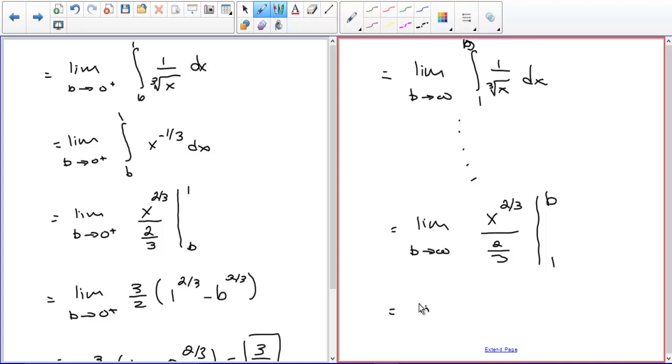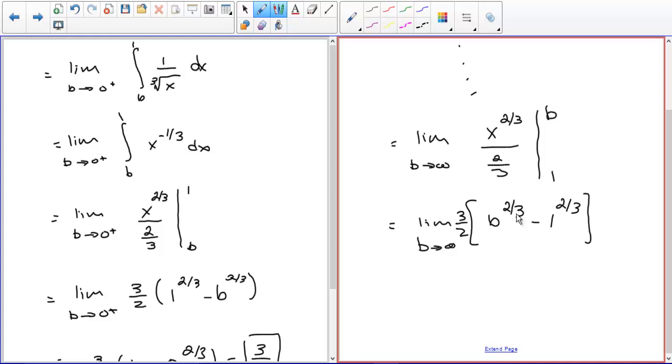So that'll end up being 3/2 times, oops, I left a step out here. We still haven't taken the limit yet. So we're going to evaluate the integral at the upper limit. I'm going to bring the 3/2 out, and we'll have b to the 2/3 minus 1 to the 2/3. The lower limit is finite, but when we plug in b equals infinity, you'll see I get infinity to the 2/3, which is infinity. So when you plug in infinity, you get 3/2 times infinity to the 2/3 minus 1 to the 2/3, which equals infinity.